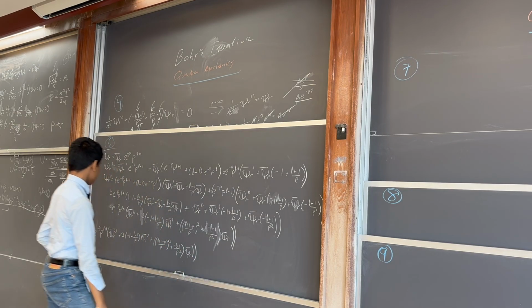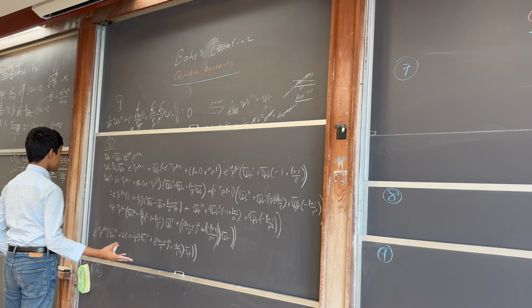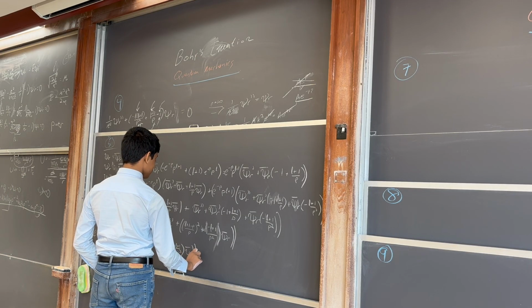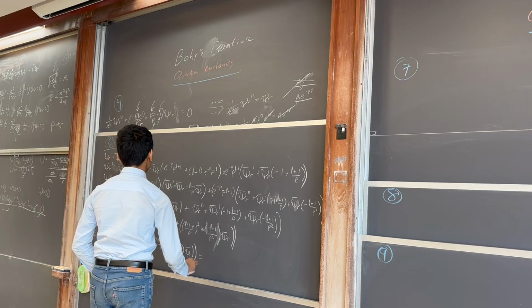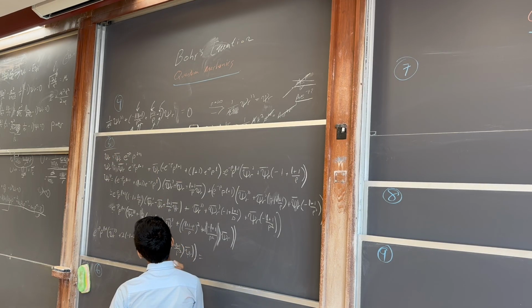Okay, so this is all equal to psi r, which is equal to psi r overline e to the minus rho, rho to the l plus 1.